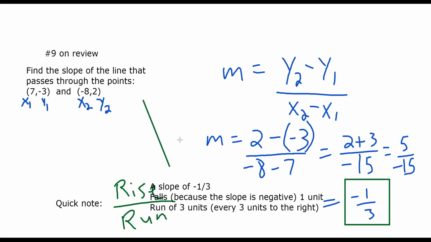So it's negative. And it works a little something like this. It falls 1 unit every 3 units you go to the right. That's a bad 3. Let me try it again.